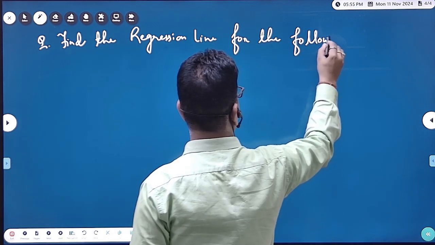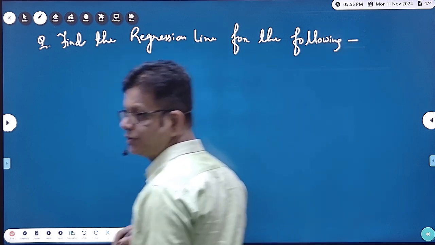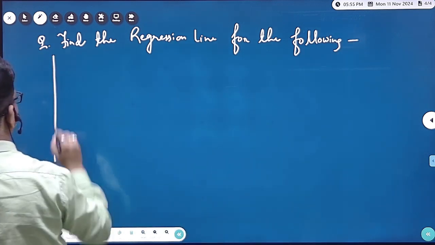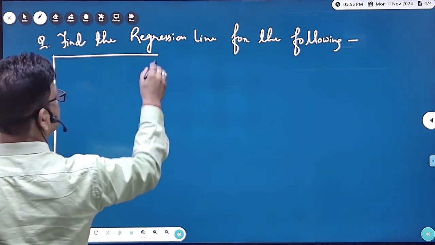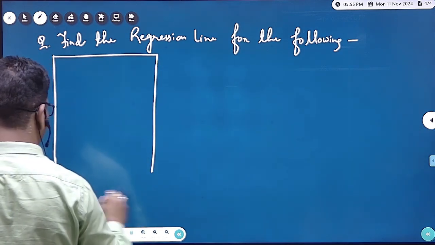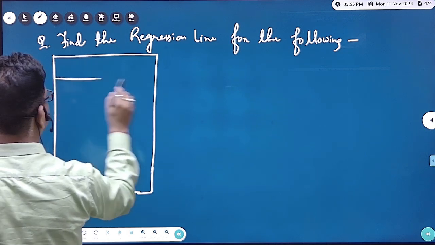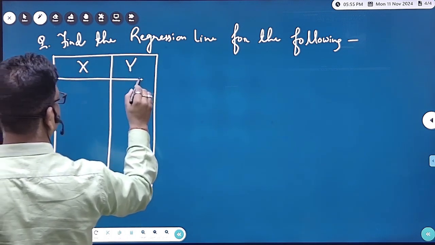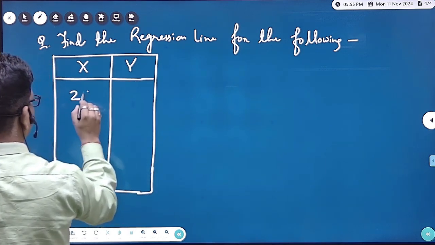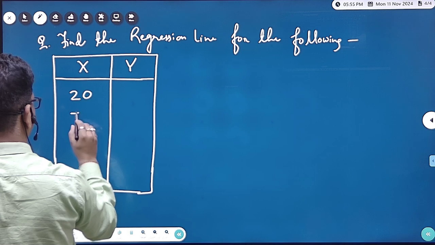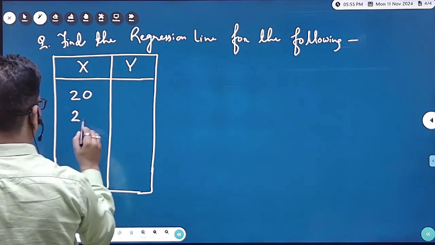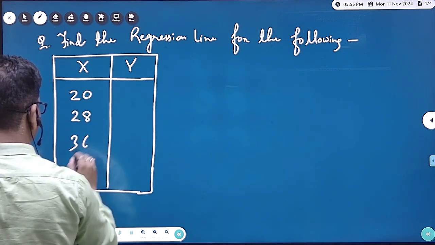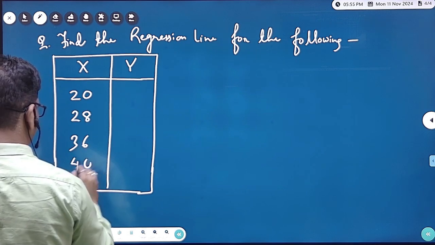I'll tell you the columns, you will try. Show me in the next class, because you have another class now. So this is your x and y. I'm just writing one example. Suppose this is 20, then suppose 28, suppose 36, 40, suppose 45.